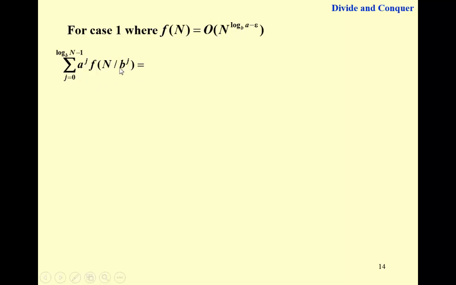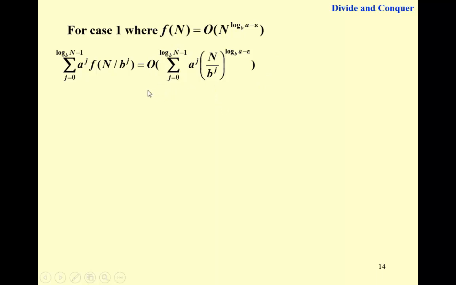Plug this into this form, that is, substitute each n by n over b to the power j. And therefore we get big O of this sum, where we replace n by n over b to the power j.